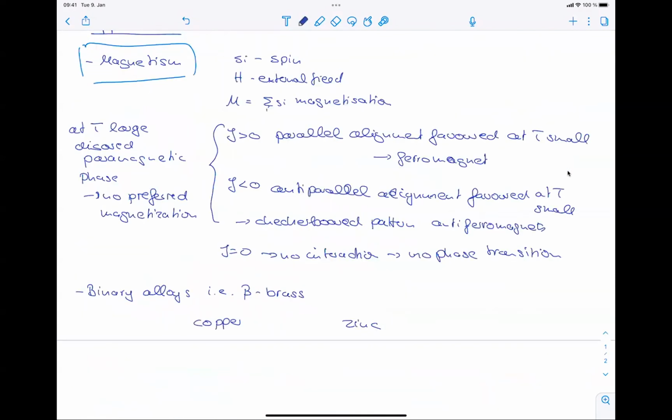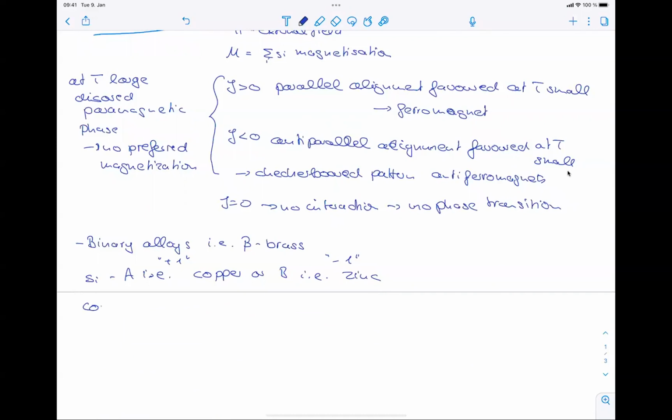And so then my Si is, say, either in state A for copper, so that would be represented by, say, +1, or they are in a state B, which for beta brass is zinc, and that would be represented by the -1.